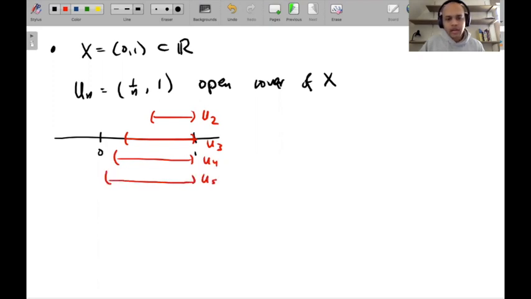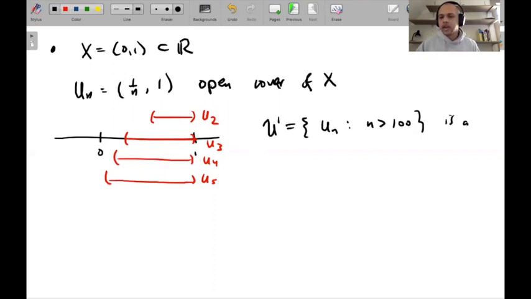And altogether, these cover X. So this cover does have subcovers. So U prime is a subset of the U_n. For example, if I take all the U_n where n is greater than 100, this is a subcover.